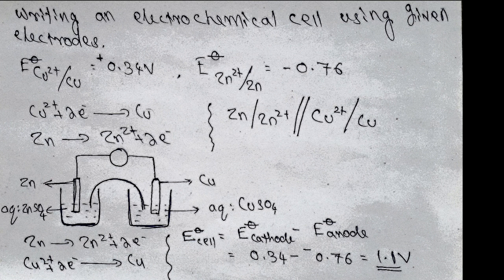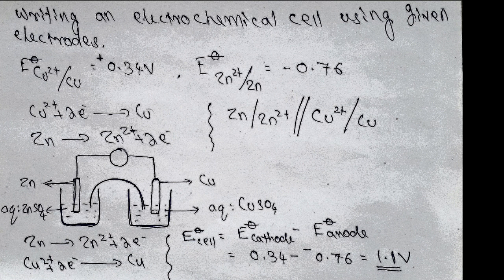Using the given electrode potential values, we can write the electrochemical cell. Look here: the electrode potential for Cu2+ to Cu is positive 0.34 volt, and for Zn2+ to Zn it is minus 0.76.